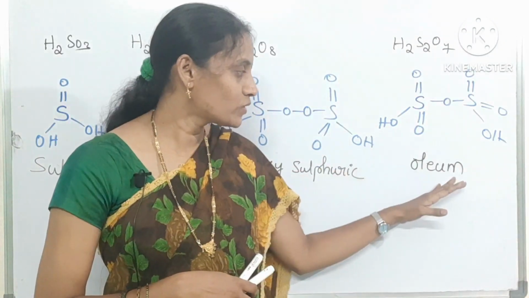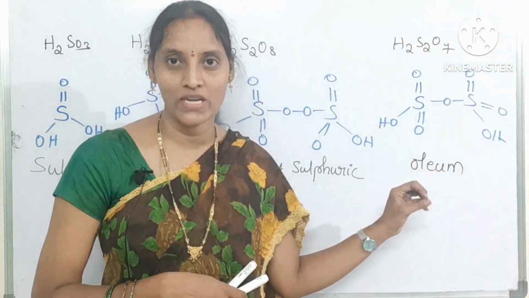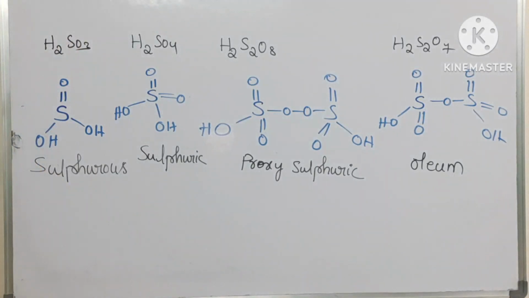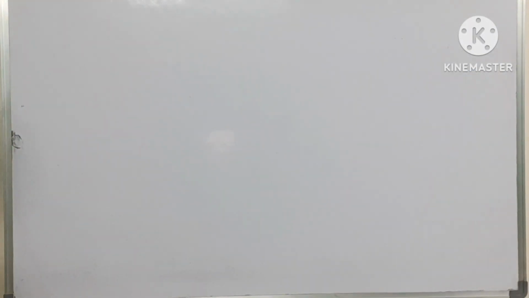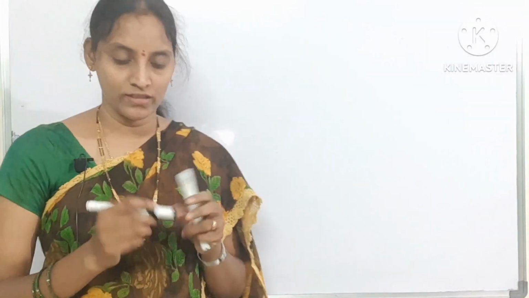Especially from this one we are going to extract sulfuric acid. So, manufacturing of sulfuric acid. First of all, two preparation reactions are there, and then we will go to chemical reactions.